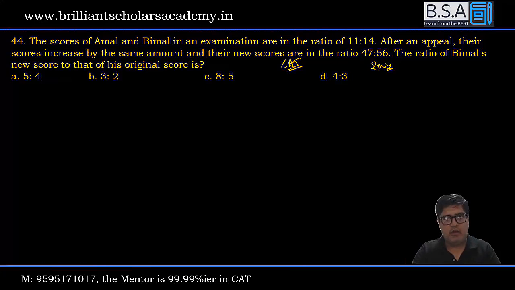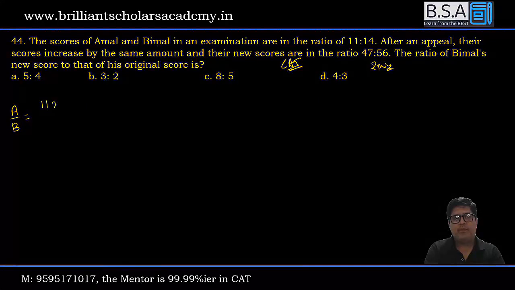If I was to solve this in the simplest possible way, I will start by saying Amal and Bimal have a score of 11x and 14x. That is the score they have.